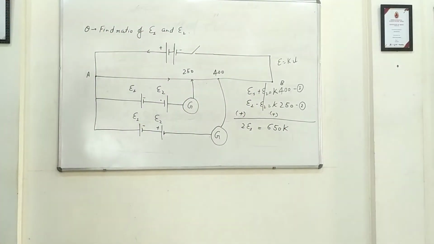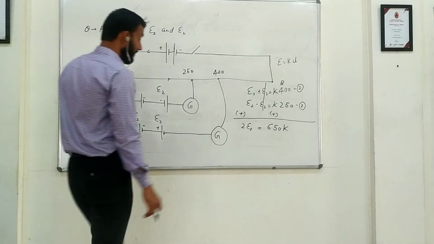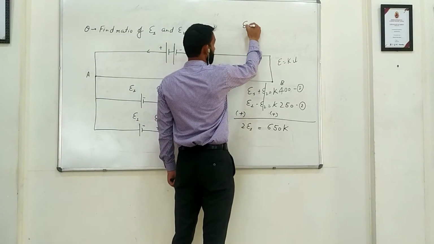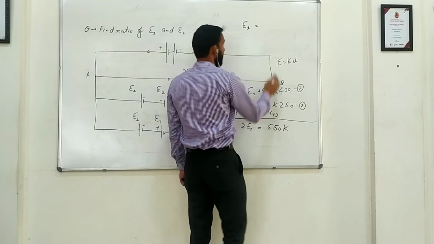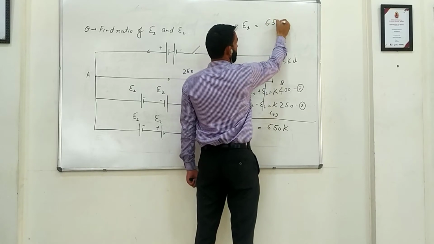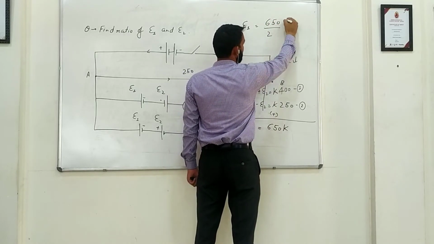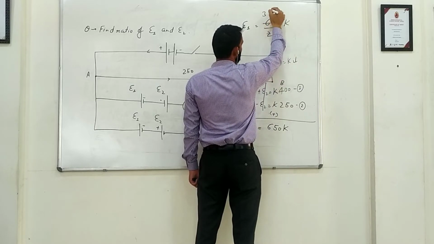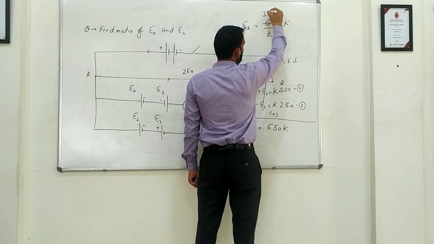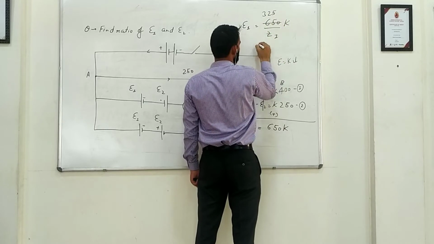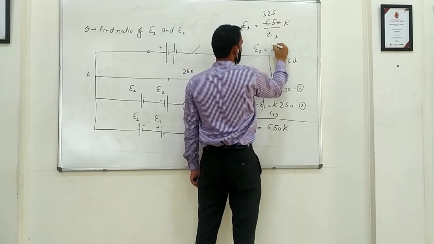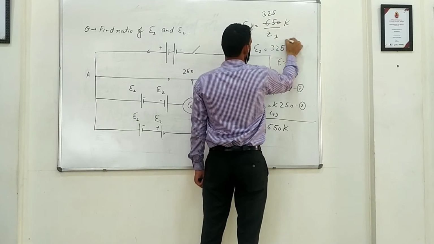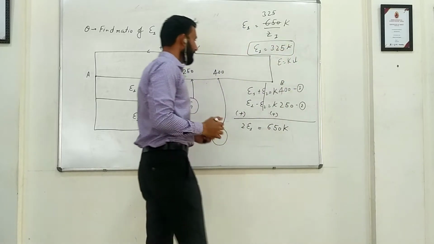right? Then E1 is how much? E1 is, if I divide it, 650 upon 2 K, 325, right? So E1 is equal to 325 K. I've got the value of E1.